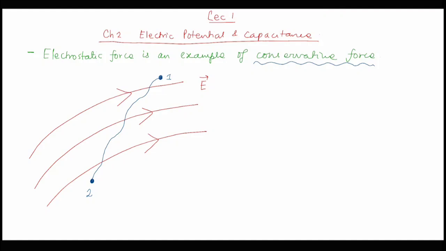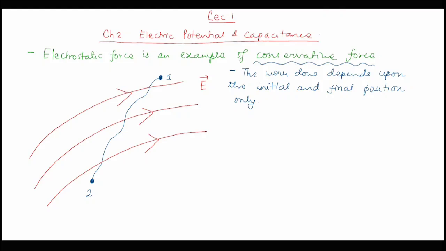So this is the first point which I can write over here, that since it is conservative in nature, the work done depends upon the initial and final position only.